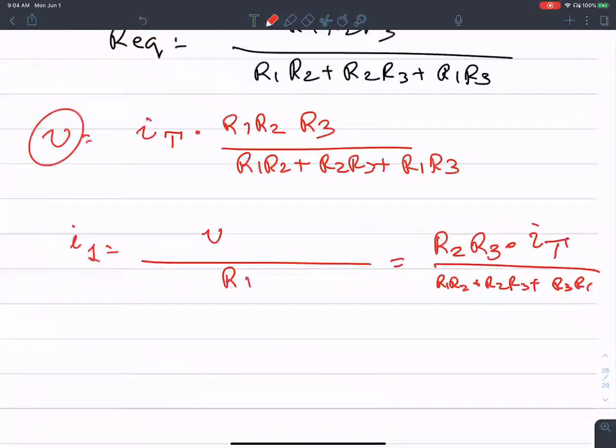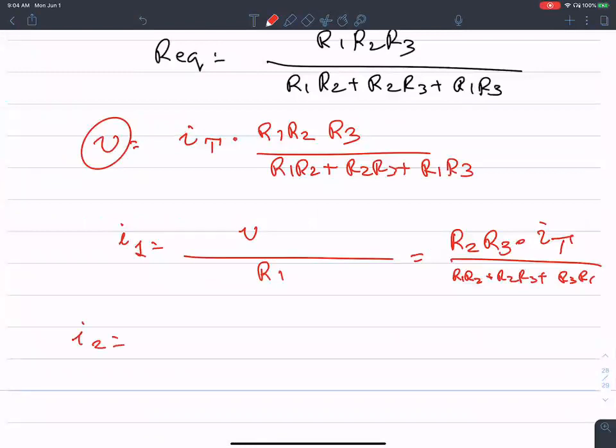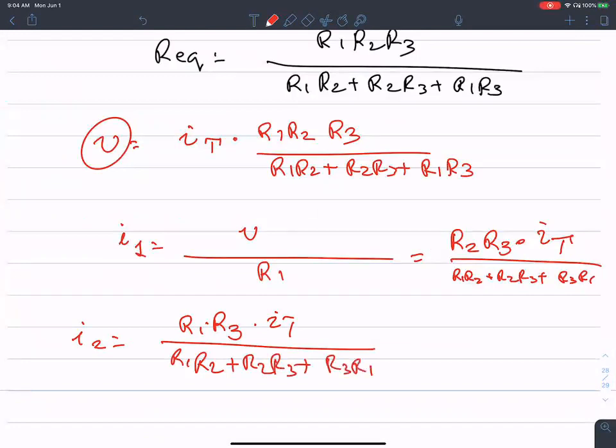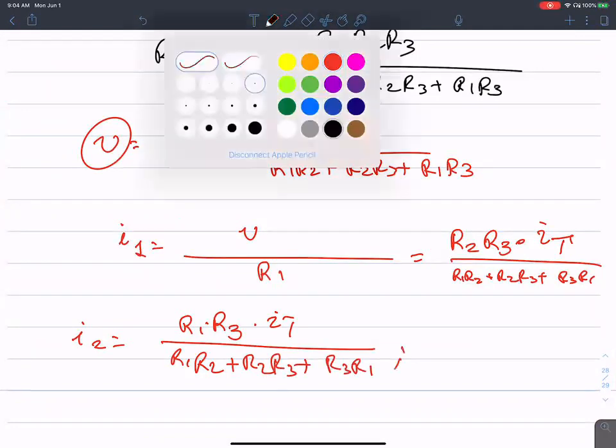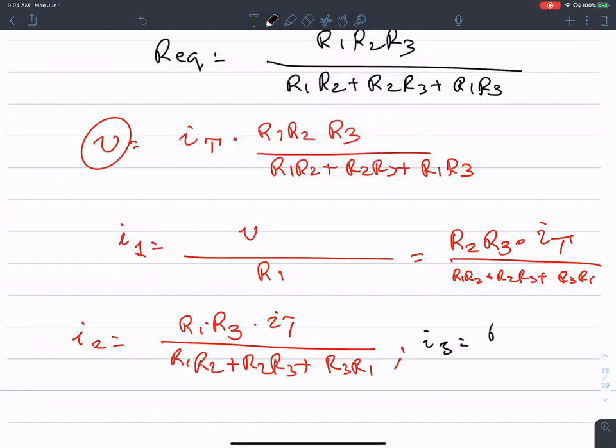I2 can be written as R1 R3 times I total over R1 R2 plus R2 R3 plus R3 R1. Similarly, I3 will be R1 R2 times I total over the same denominator, R1 R2 plus R2 R3 plus R1 R3. Does that make sense, Jonathan?